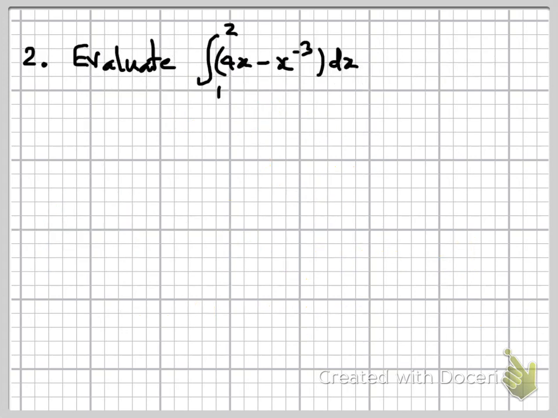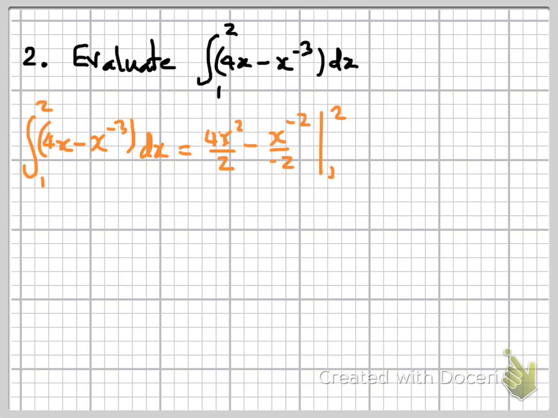And for the second practice question, it says to evaluate the integral from 1 to 2 of 4x minus x to the power negative 3 dx. If you take the integral, like we've done before, that will be 4x squared divided by 2 minus x to the power negative 2 divided by negative 2 from 1 to 2.